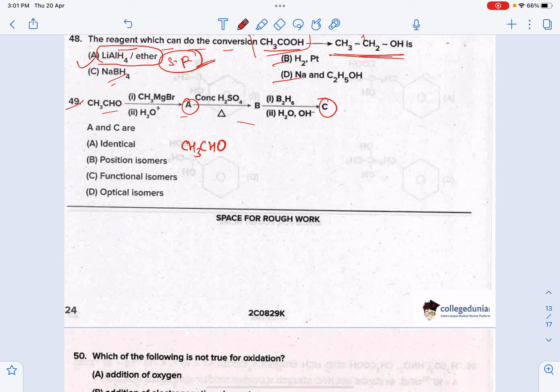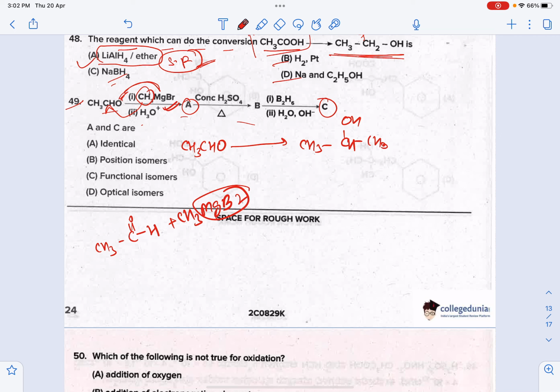When it is treated with Grignard reagent, CH3MgBr, the MgBr attaches to the oxygen and the CH3 attaches to the carbon, giving CH3CH(CH3)OMgBr.